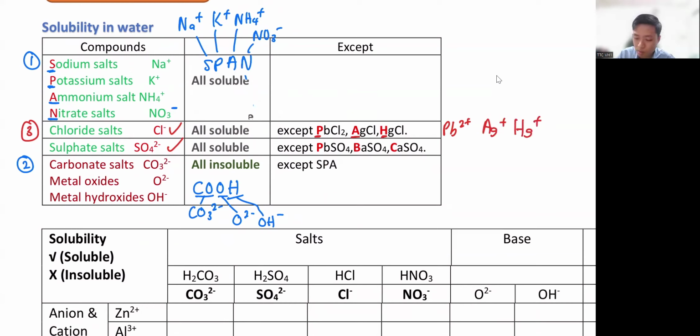So they are insoluble, with three exceptions: Pb, Ag, Hg.